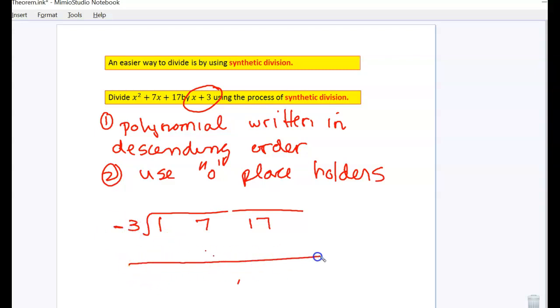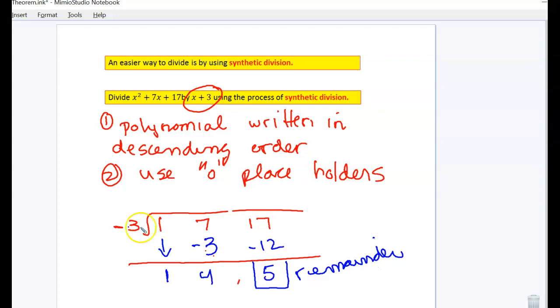Then I'm going to draw a line, and this 1 is going to come straight down. -3 times 1 is going to give me -3, and if I add those up, 7 and -3, I get 4. -3 times 4 is -12, and if I add those up, I get 5. So this number here is my remainder.